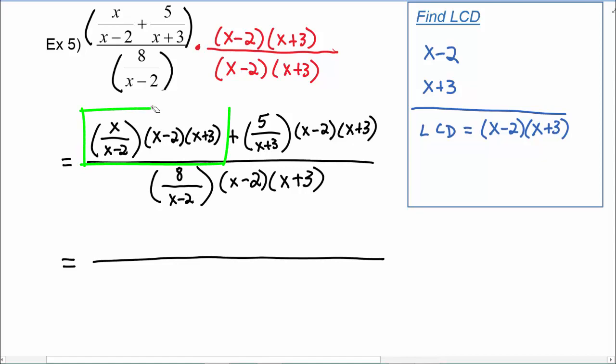So in this first product, we see that we can cancel x minus 2 with x minus 2, and we will have x times x plus 3 left.